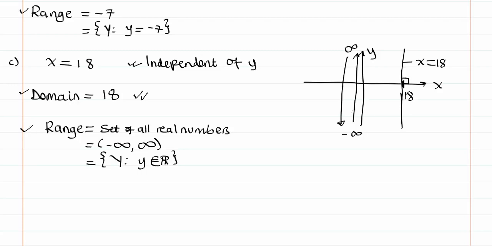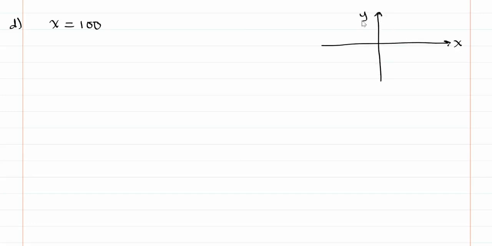Let's go now to part D, which is the last part of example 5. In part D, we are given x equals 100. To sketch this, just to get our understanding, we have the Cartesian plane in that format, and somewhere here we have 100, and a line passes at the point 100 on the x-axis.